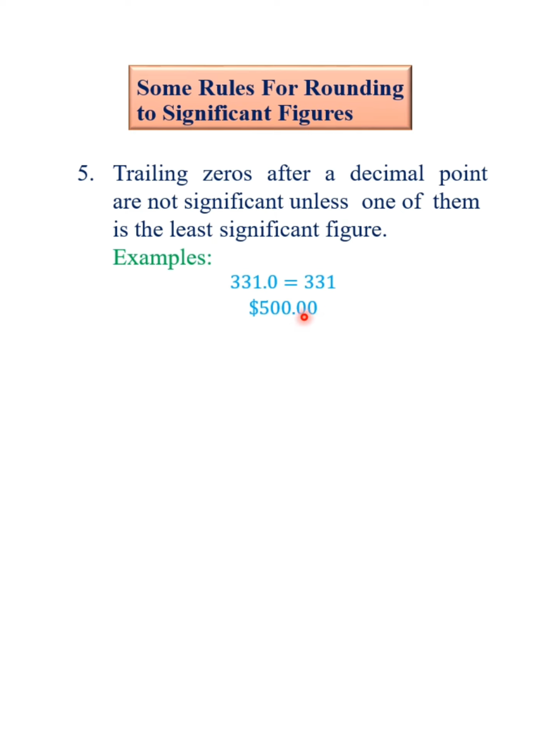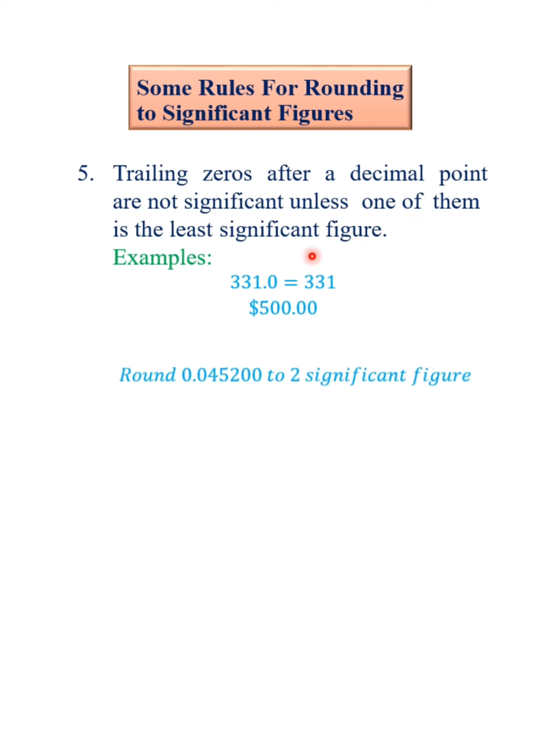It can get up to 99 cents. So putting in .00 means these two zeros are significant as far as the currency is concerned. So it is the appropriate way of representing it. In this case, you cannot take out the zeros. You have to keep them because they are significant. That is what we mean by unless at least one of them is a significant figure.